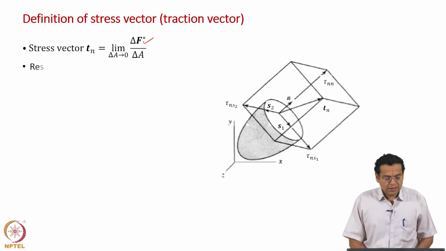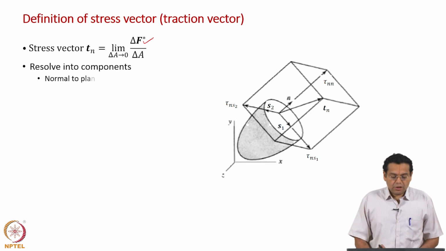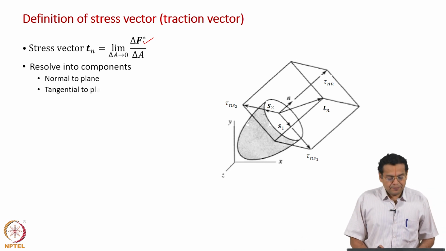That is what we will do now. So resolve into components along our chosen coordinate system, n vector, S1, S2 vector: normal to the plane and then tangential to the plane.